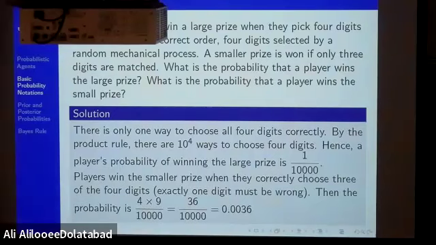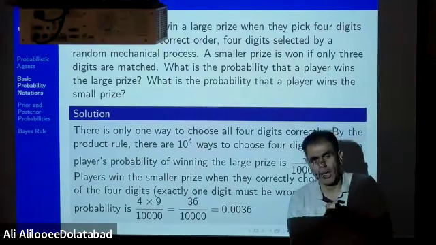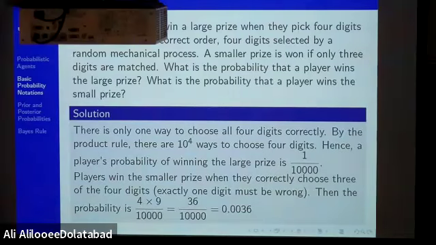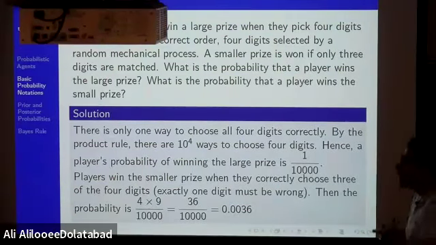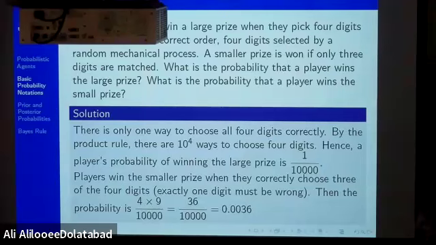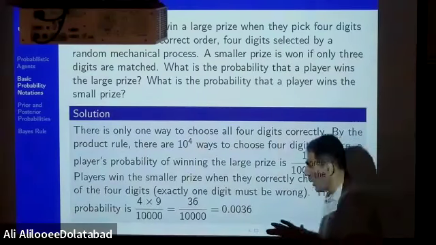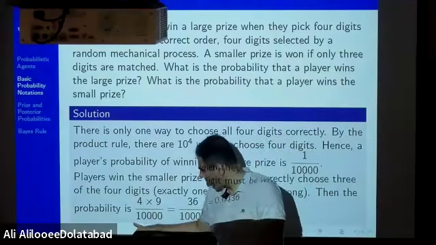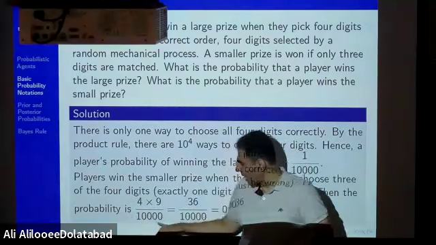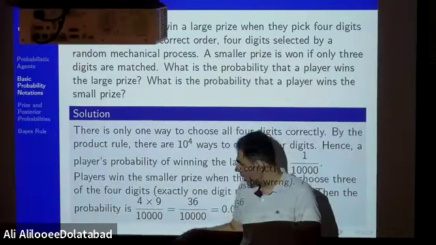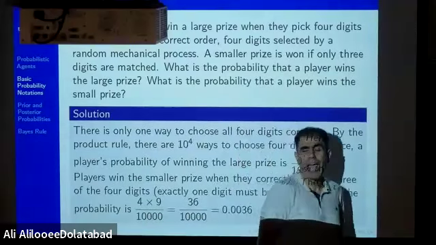Okay, so what about the smaller price? For the smaller price, as we explained, just 3 digits should be matched. Therefore, for 1 digit, we have the freedom. The number of outcomes in the sample space is 10,000. What about the number of outcomes in the event?